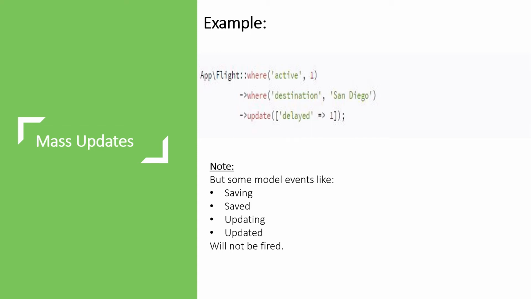But there are some exceptions in the mass updates. The update method expects an array of column and value pairs representing the columns that should be updated. But there is something important to note: when we are issuing a mass update via Eloquent, some model events like saving, saved, updating, updated will not be fired, because the models are never retrieved when issuing a mass update.